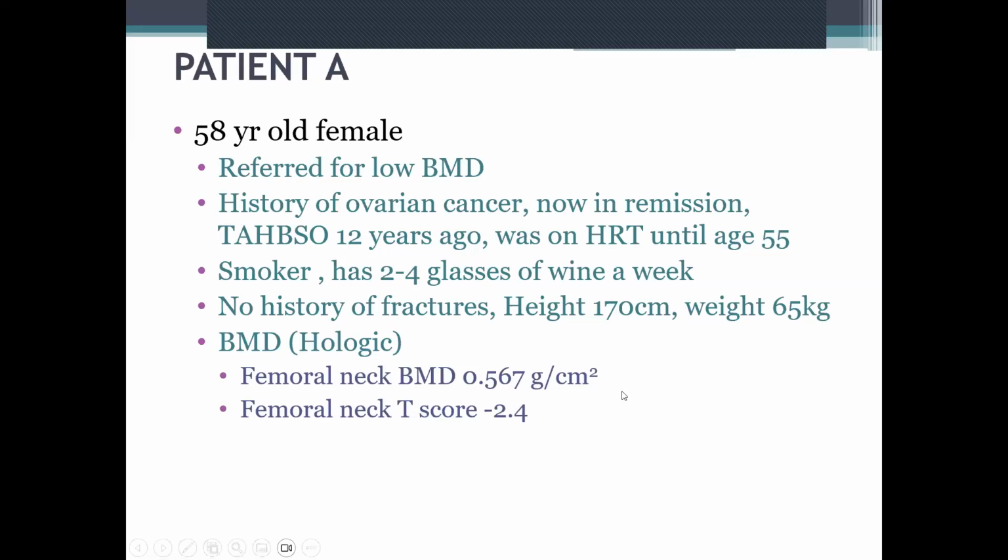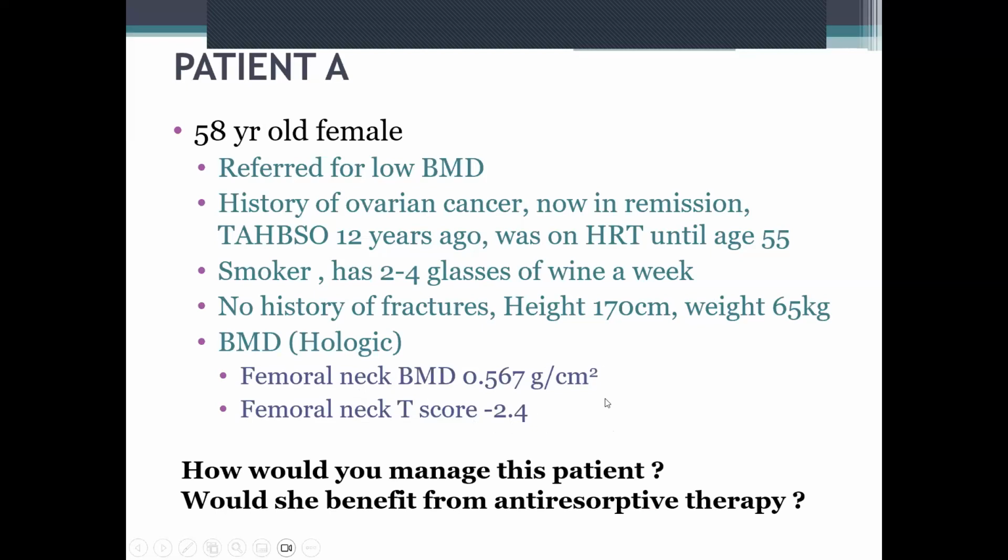And this is her bone mineral density. If you look at it, it's not at the osteoporotic threshold, but it is osteopenic at the femoral neck. So now the question is whether this lady, who is relatively young at 58, would actually benefit from anti-resorptive therapy.